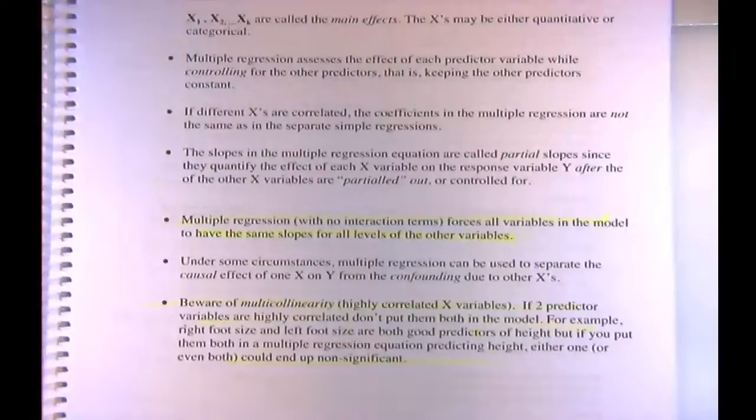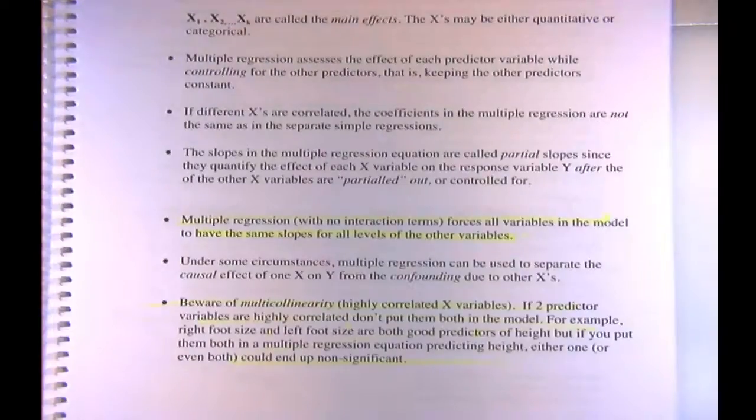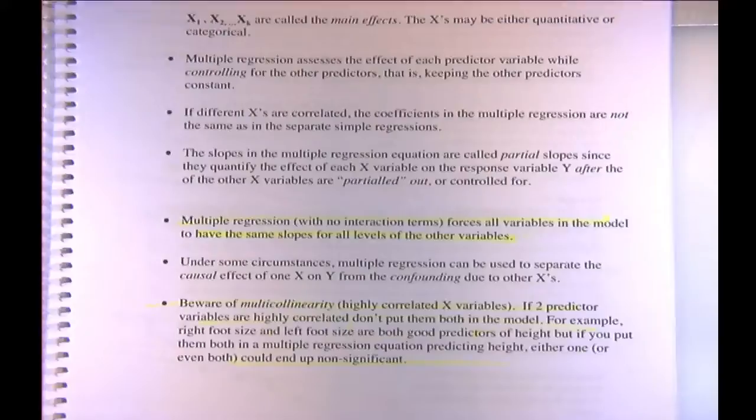Think about it: if you get all the predicted value from, let's say, your right foot, adding the left one in could come out as not significant. That doesn't mean it's not a good predictor on its own. It's only your right foot. You just get screwy results because pretty much they're predicting the same thing. So almost any linear combination of the two of them will be just as good.